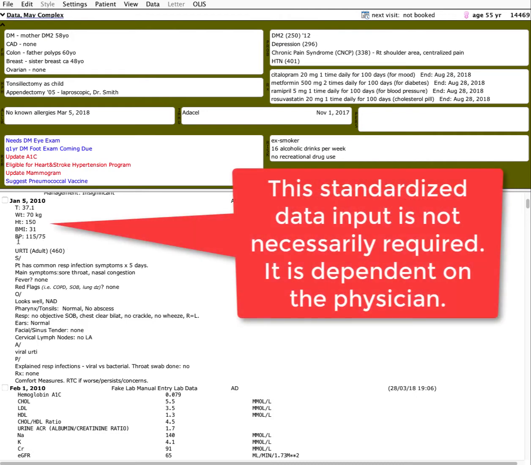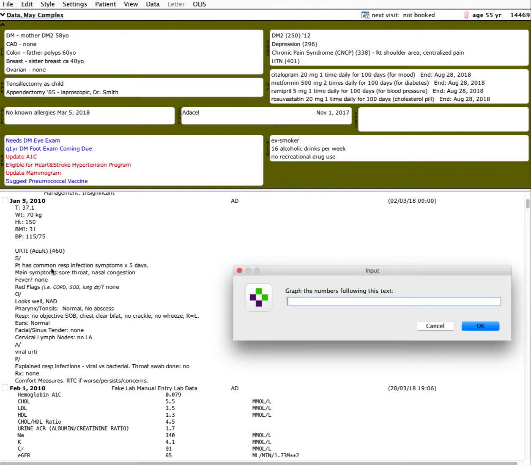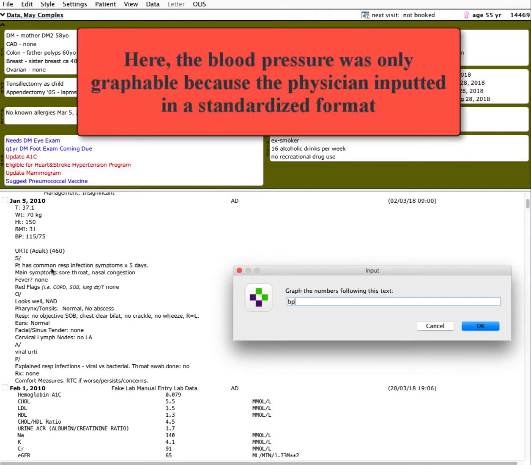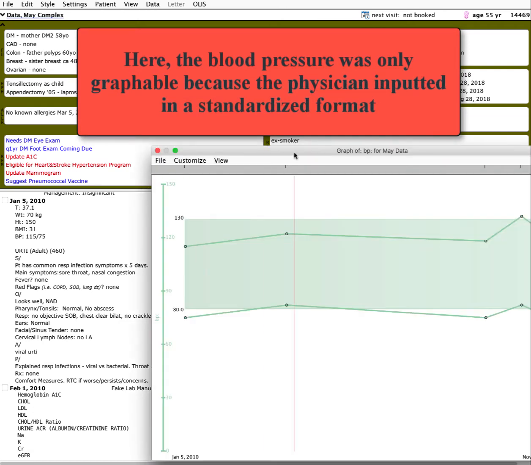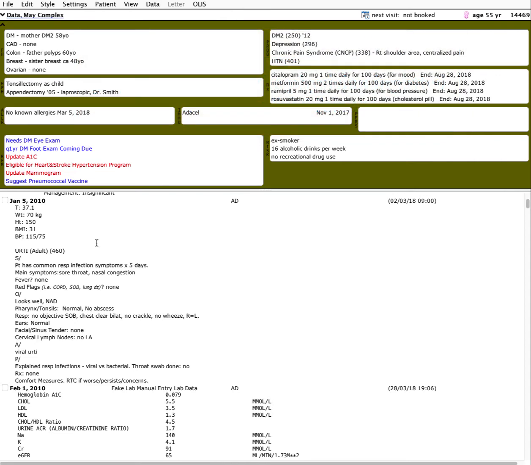So blood pressure is entered as BP colon 115/75, which means within any chart we can graph that data, graph blood pressures, or from a population standpoint you can take a look at patients who had blood pressures over a certain amount, who has a really high blood pressure, hasn't been seen in a while. So data can be used from an analysis and population perspective.